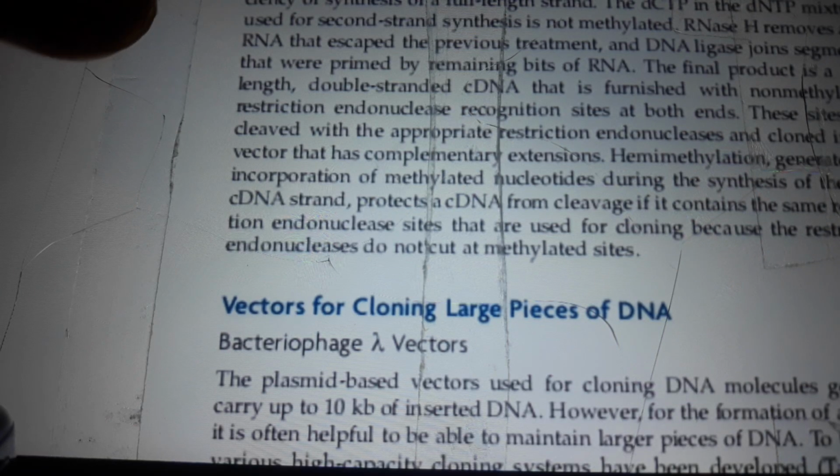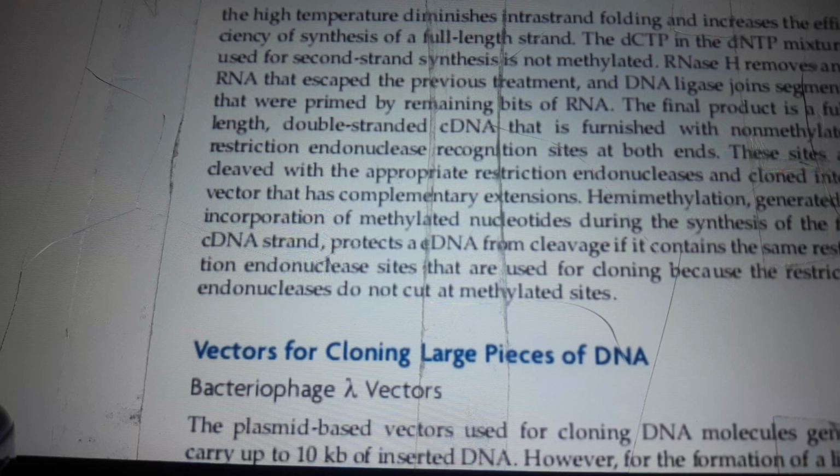And now on to the next page. The high temperature diminishes intrastrand folding and increases the efficiency of synthesis of a full-length strand. The dCTP in the dNTP mixture used for second-strand synthesis is not methylated.